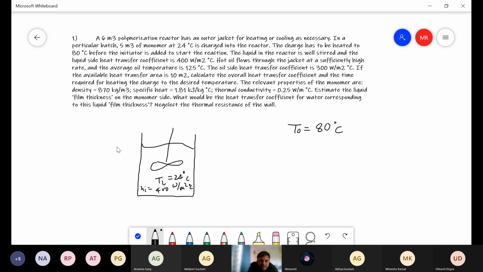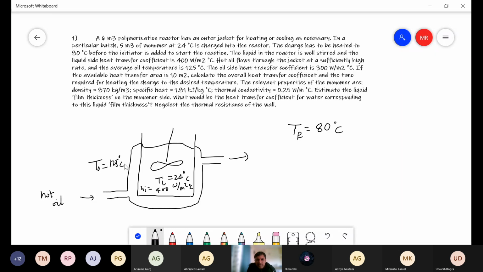So outside there is a jacket. Hot oil is continuously being circulated through this, and we are assuming that the temperature of this hot oil is, let me use this, T. The final temperature I'm interested in is Tf, whereas the oil temperature T naught is 125 degrees Celsius.